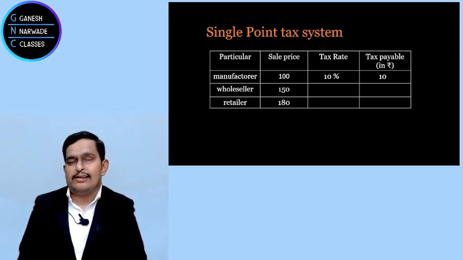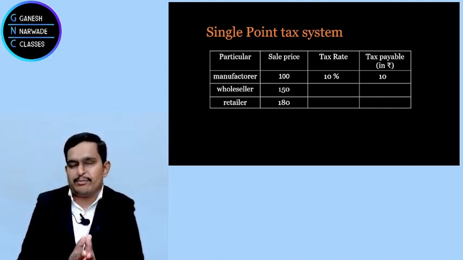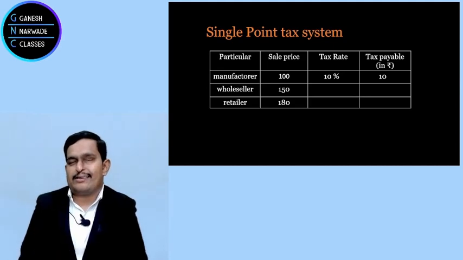Now you think, is this a good system of indirect tax? One thing is sure: the government will definitely collect that 10 rupees, because manufacturers have a scale of operations, so the government can easily catch them. They cannot escape taxes, correct? So that's why this is a good system.